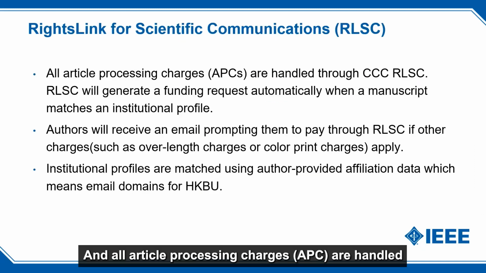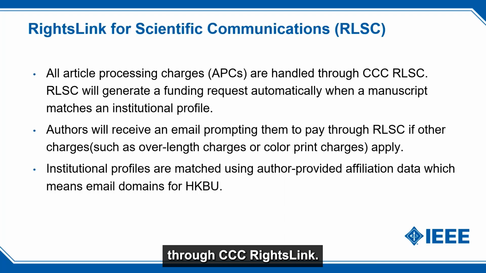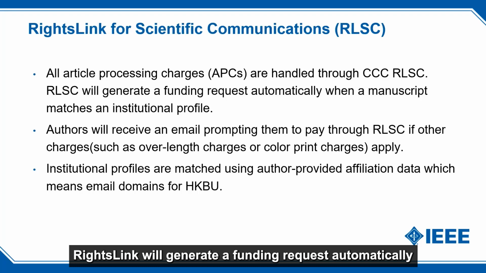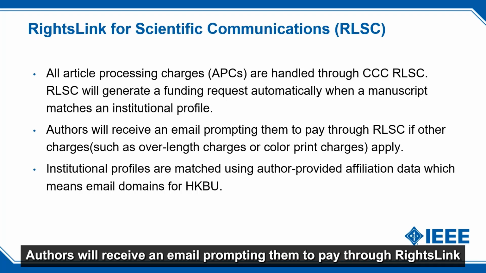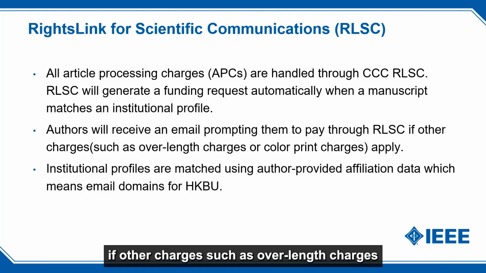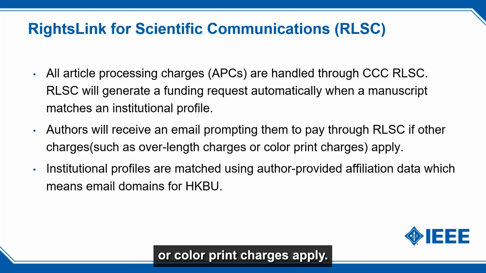And all article processing charges are handled through CCC RightsLink. RightsLink will generate a funding request automatically when a manuscript matches an institutional profile. Authors will receive an email prompting them to pay through RightsLink if other charges, such as overlength charge or color print charges, apply.